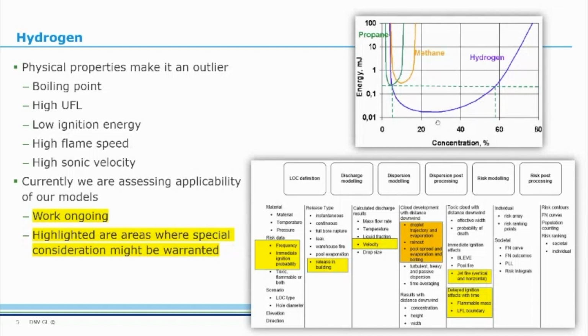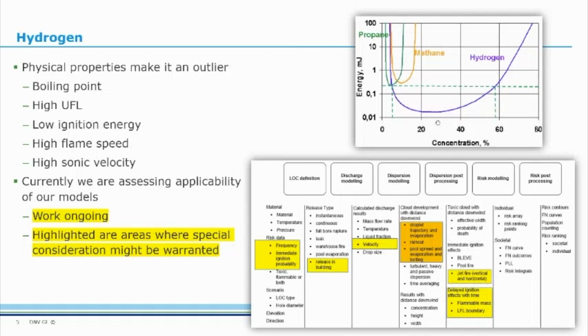The very interesting thing about hydrogen is its physical properties. It has an extremely low boiling point. And then in terms of hazards, it has a very wide range of flammability. So it has a very high UFL. And the plot on the right there shows two things.